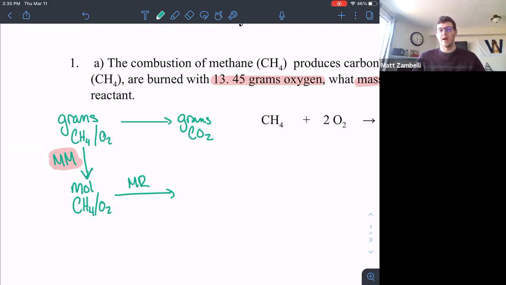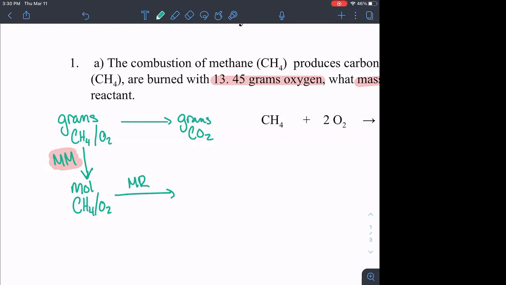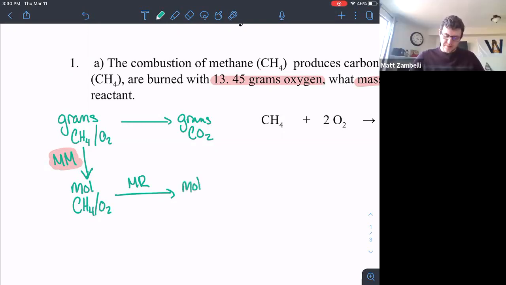What units are we trying to figure out? Moles of something. What are they going to be moles of? Carbon dioxide. Exactly. Since we're using the mole ratio, it has to be moles of CO2, because that's what we're trying to get to, is grams of CO2.